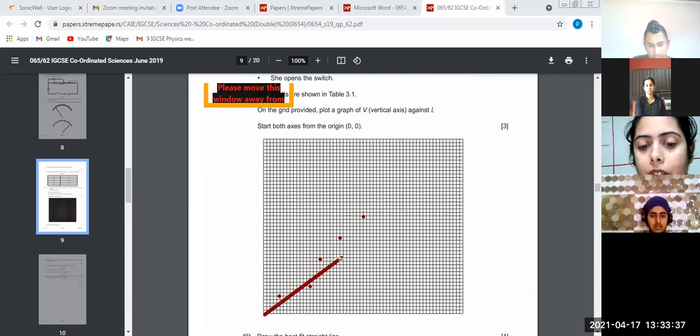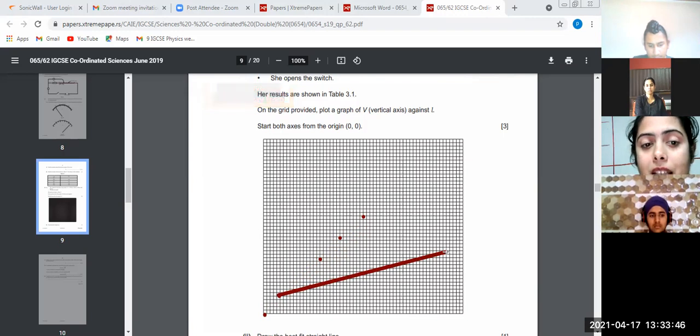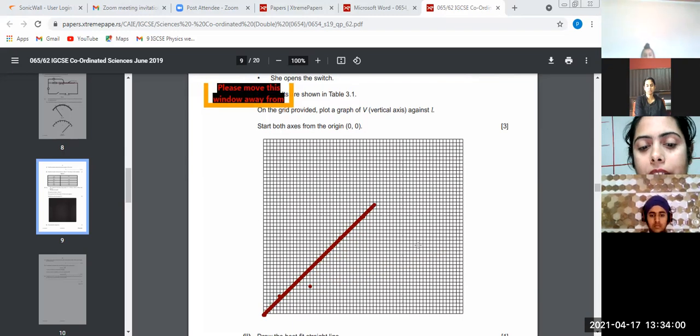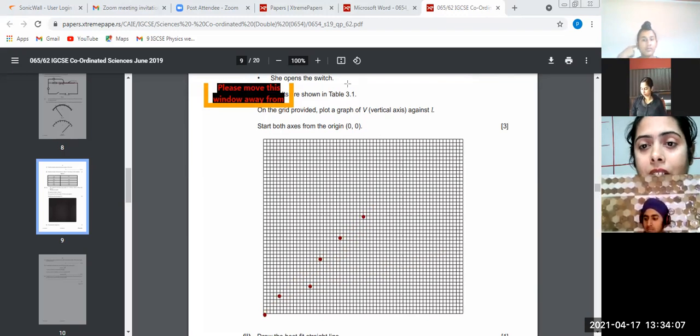If I am going to join these 2 points, तो ये 2 ही points cover हुए हैं, and we will not get the straight line covering maximum. हमने वो line बनानी है which is going to cover maximum of the points. So you can have it in this way. Now 1 point is out of the track, but rest all are almost covered. 1 or 2 are out of track, rest all are covered. Yes, so that is the best fit. You have to draw a straight line covering maximum of the points under it.